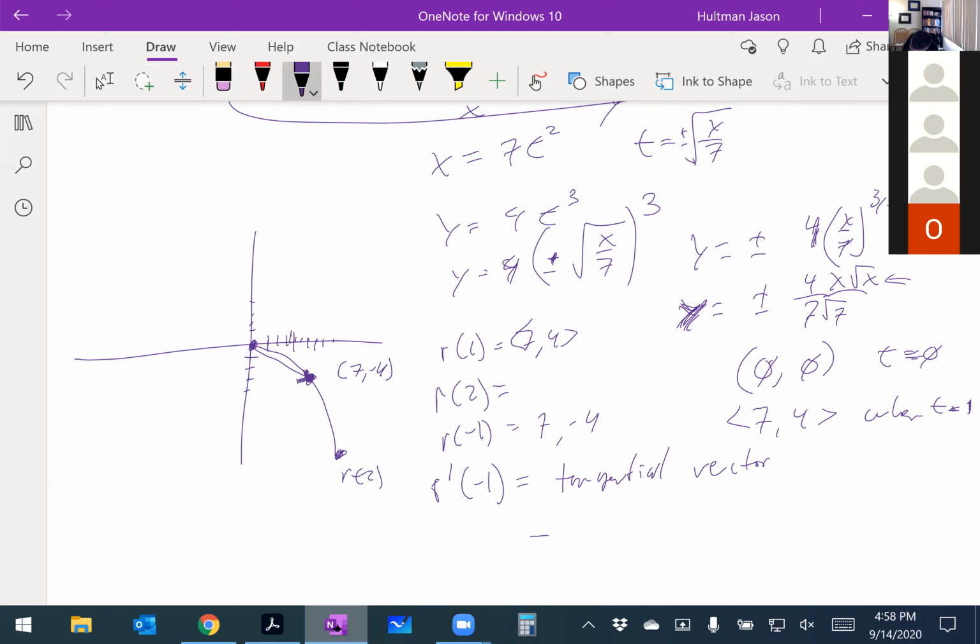So from here, we would go over 14 in the x direction. So this would pass through 7, and then we'd have to pass through 7 more, right? So that's x. And then we go up 12 in the j direction.